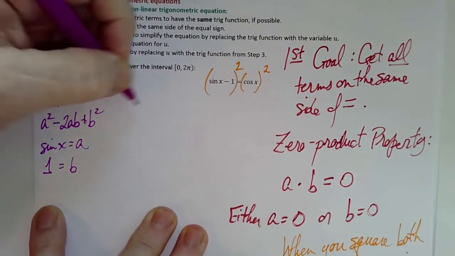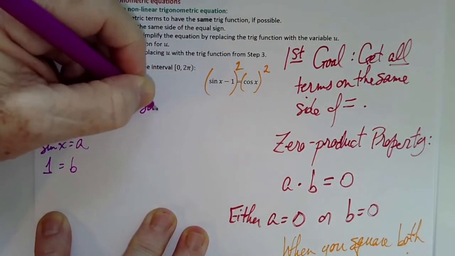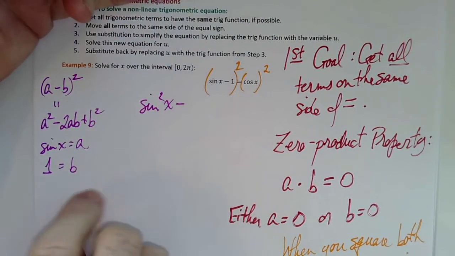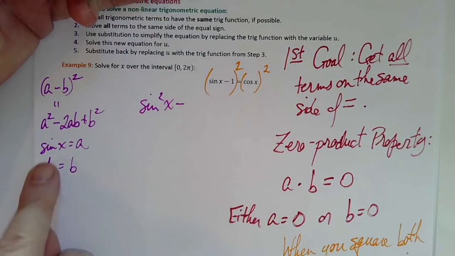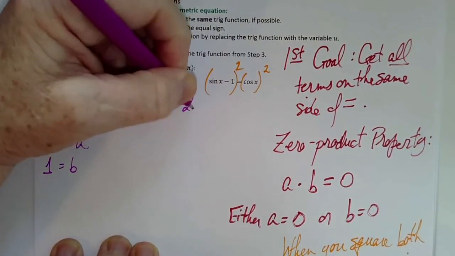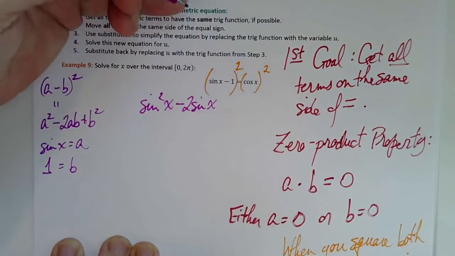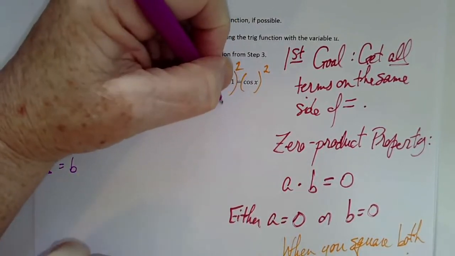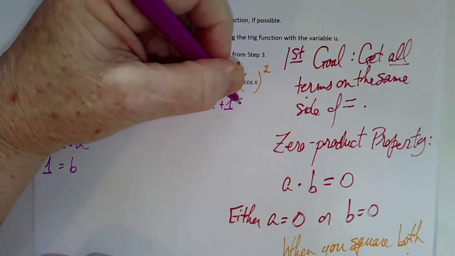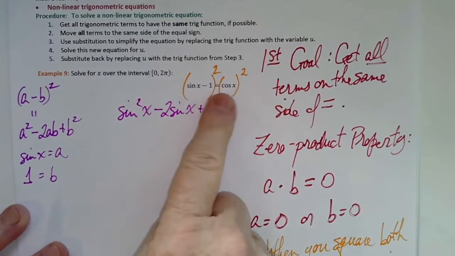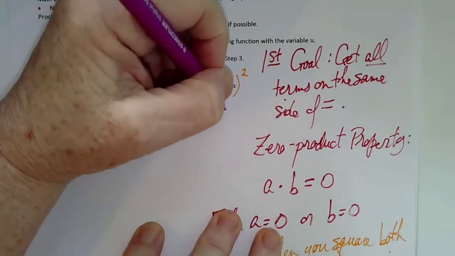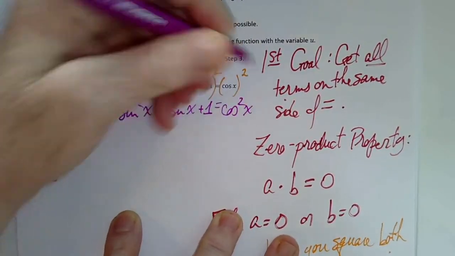So I'm going to have sine squared x minus 2 times 1 times sine x plus b squared, so plus 1 squared. That's all on the left, and the right is just cosine x squared, which we write as cosine squared x.